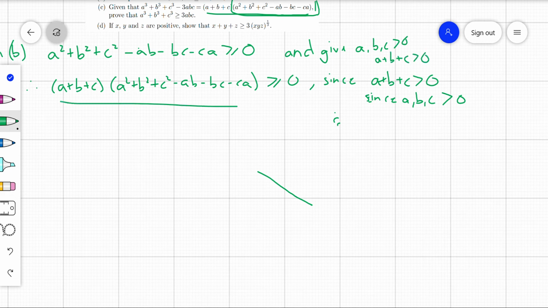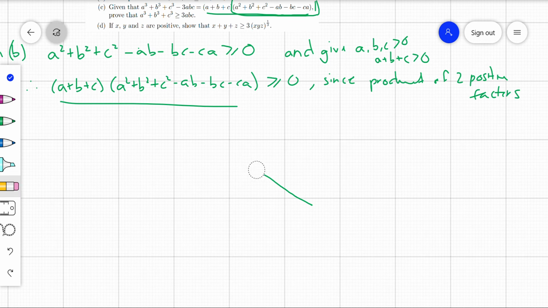Therefore, this has to be greater or equal to 0, since it's the product of two positive factors. Something like that will do. Or two positive terms.